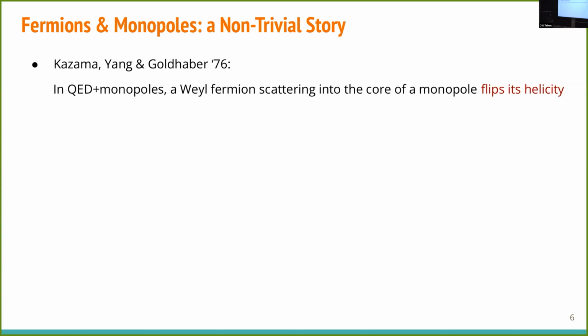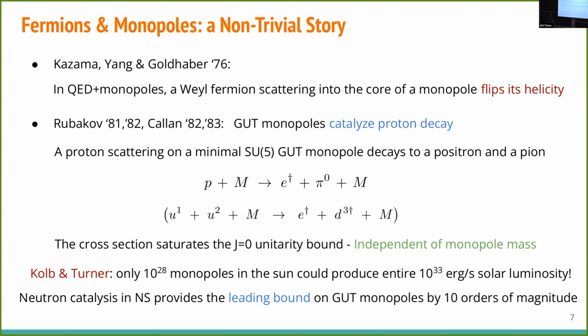They solved the Dirac equation in the presence of a monopole. And what they found is that when a Weyl fermion of the given helicity scatters into the core of a monopole, and you don't need to know anything about the core itself, just the EFT around the monopole core, it has to flip its helicity, and that comes about just from a solution of the Dirac equation.